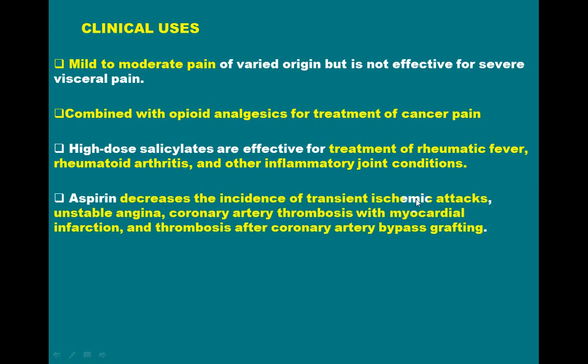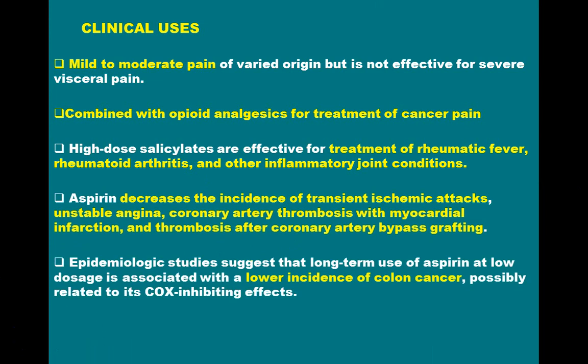Aspirin decreases the incidence of transient ischemic attacks, unstable angina, coronary artery thrombosis with myocardial infarction, and thrombosis after coronary artery bypass grafting surgery. Also, certain epidemiological studies found that long-term use of aspirin at low doses is associated with a low incidence of colon cancer, possibly related to its COX inhibiting effect, and some literature says unknown mechanism.